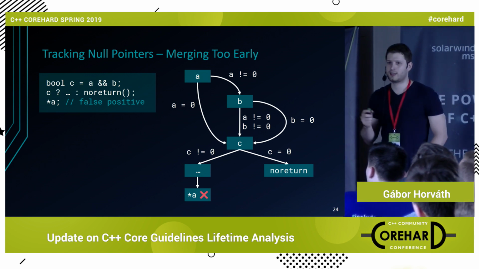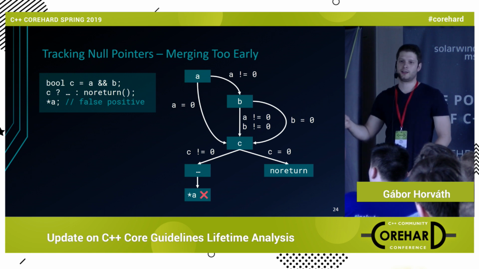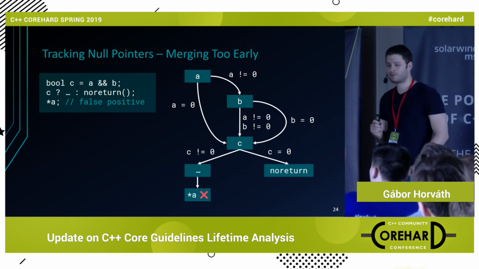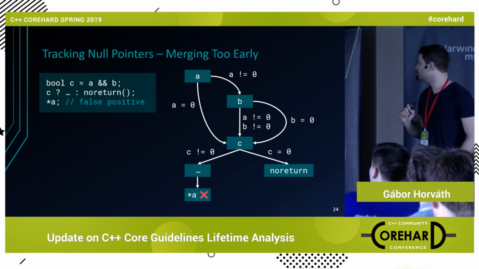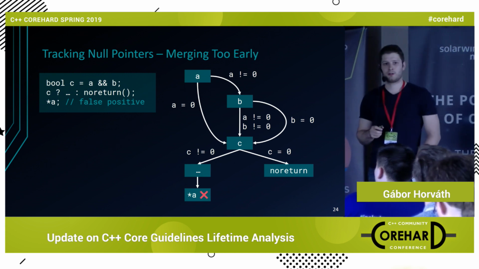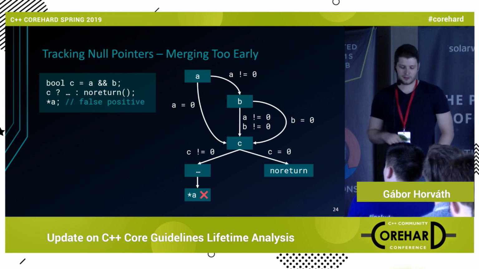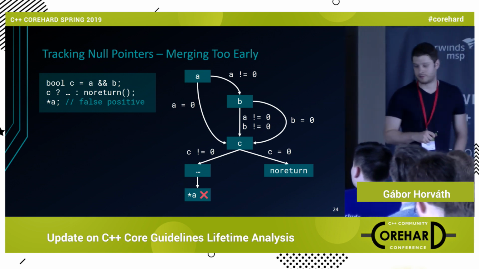So we do not keep track of all the paths. We make each decision locally at the branching points, and the branching point is too early in this example. It would be possible to solve this issue at the cost of worse runtime performance.